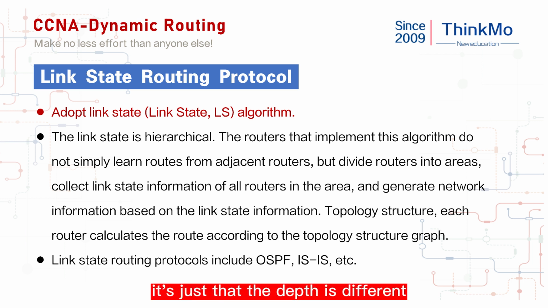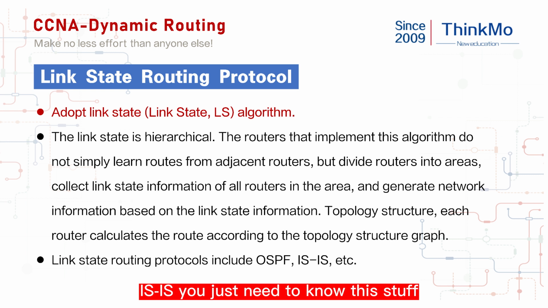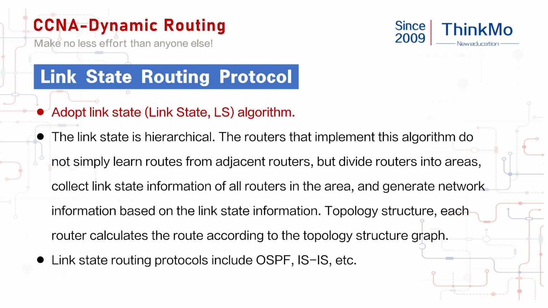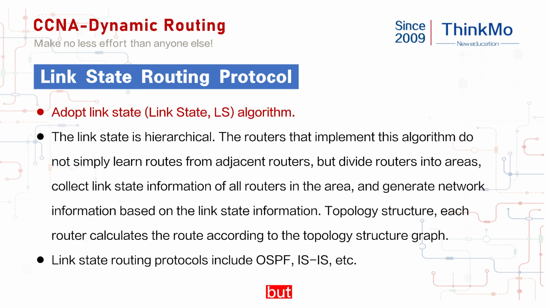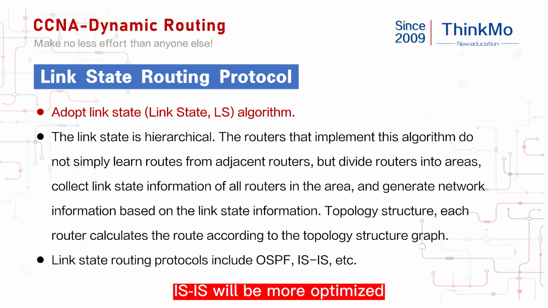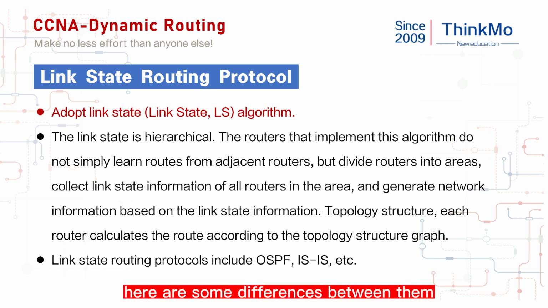It's just that the depth is different. For these two routing protocols, you just need to know this. They all use the SPF algorithm. It's just that the way it's done is different. You'll think it's pretty much the same inside. But ISIS will be more optimized. It is also stronger than OSPF. Here are some differences between them.